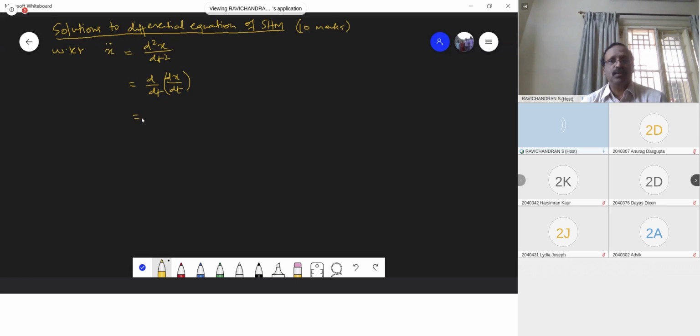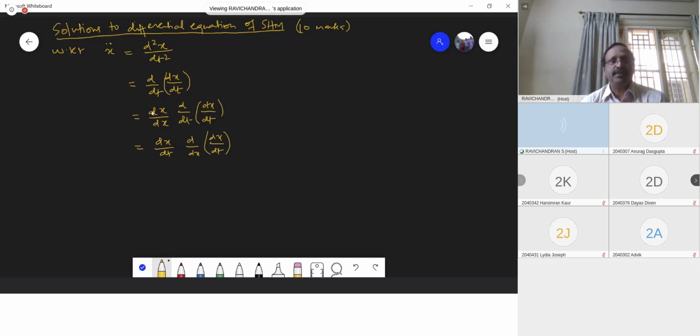Equals to, what I'm going to do here, these are all x double dot. I am going to multiply and divide it by dx on both sides. dx by dt. Correct? Or I can rearrange this dx by dt into d by dx of dx by dt.